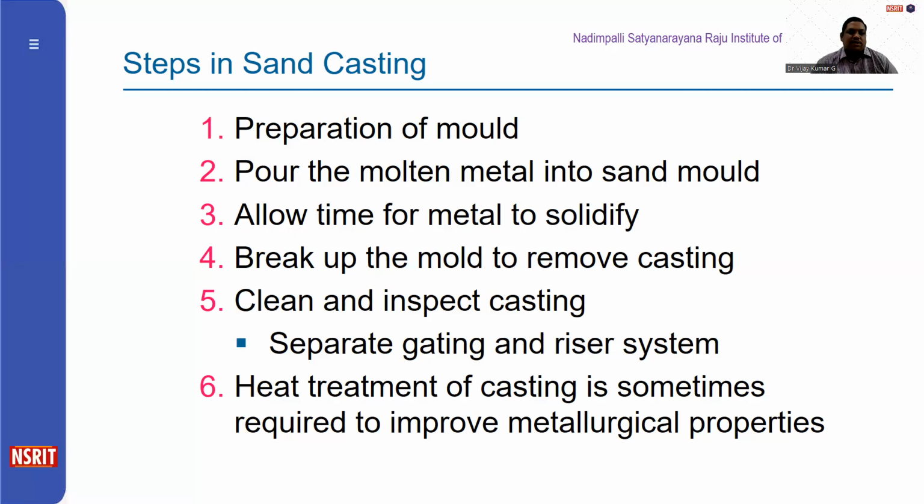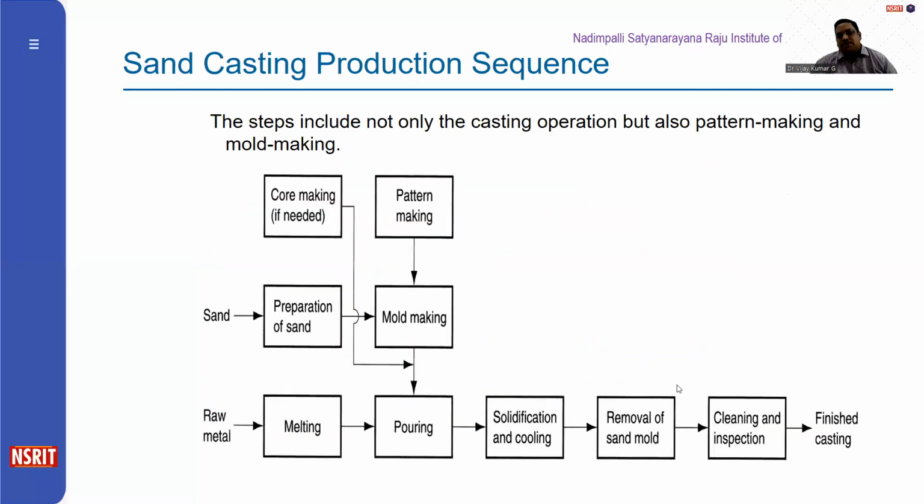So these are the 6 steps: preparation of the mold, pouring of the molten metal, allowing it to solidify for certain time, then breaking the mold, taking the part and cleaning it, and then if required we do the heat treatment.